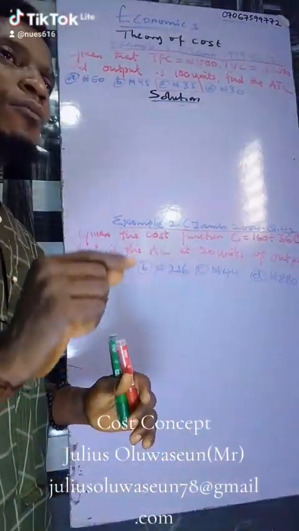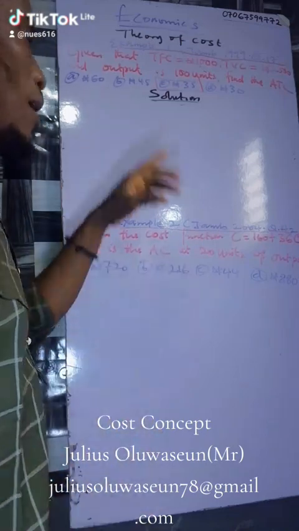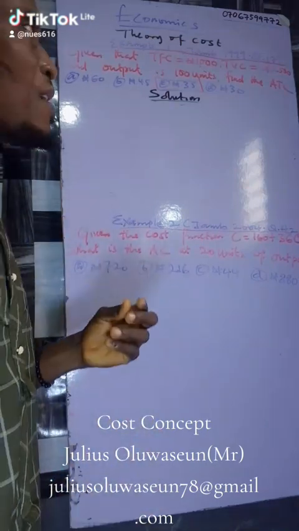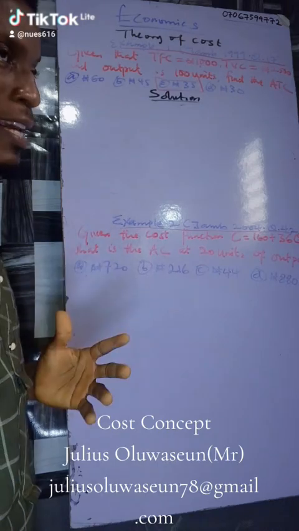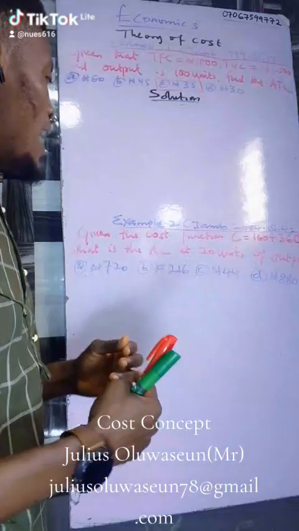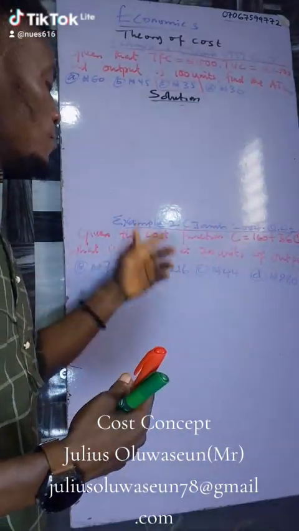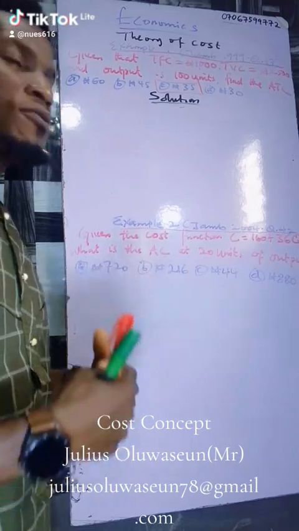Now, we have the mathematical approach to the concept of cost and revenue respectively. Here we go. We have two questions at hand. Example 1 is an extraction from WAEC 1999 question number 17, and example 2 is from JAMB 2004 question 42.